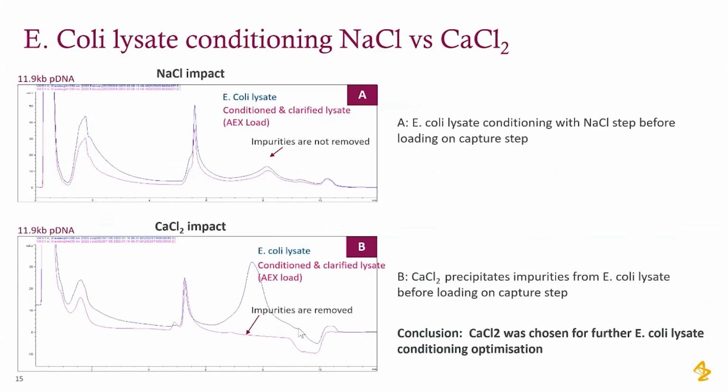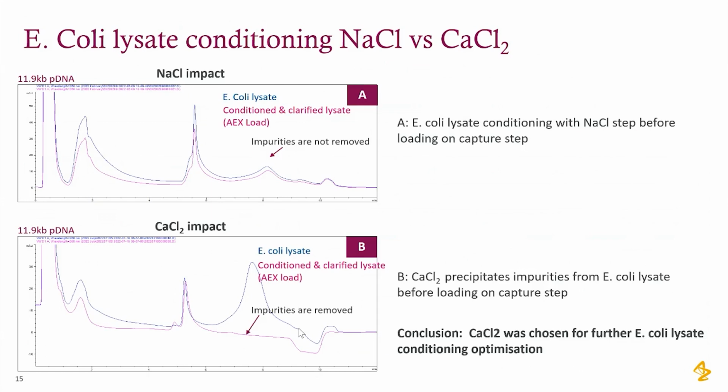So, what the experiment we just discussed showed us is that we need to do some sort of lysate adjustment that would help us with binding and eluting our pDNA. After discussions and literature review, we decided that instead of sodium chloride, we will use calcium chloride.